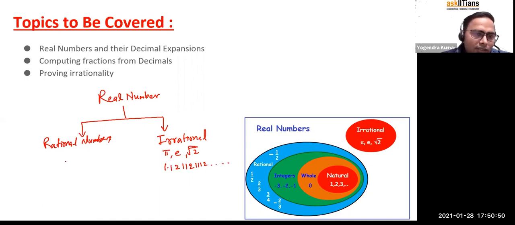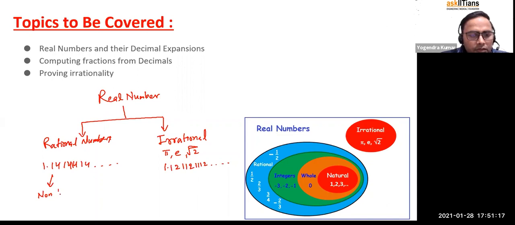These are whole numbers, natural numbers, integers, and fractional numbers. Especially I want to talk about this form, 1 4 1 4 1 4, which continues like that. What is this?